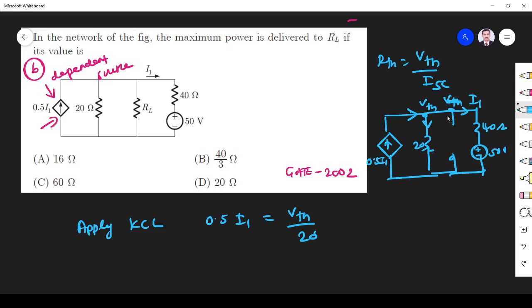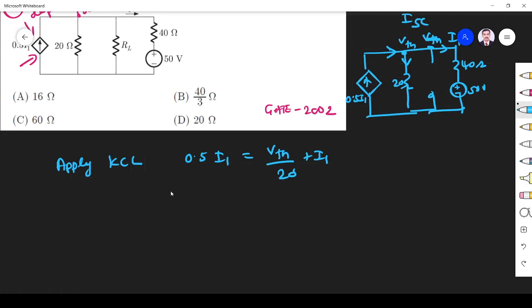For this branch, the current flowing through it is I1. If you simplify, it will give 10 I1 is equal to V Thevenin plus 20 I1. This implies V Thevenin plus 10 I1 is equal to 0.